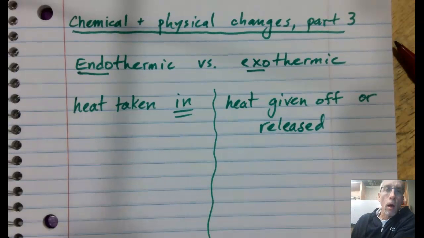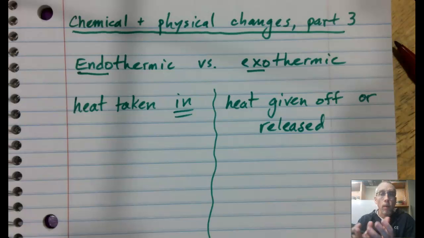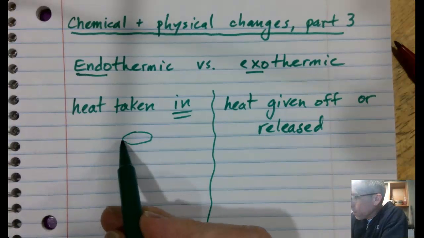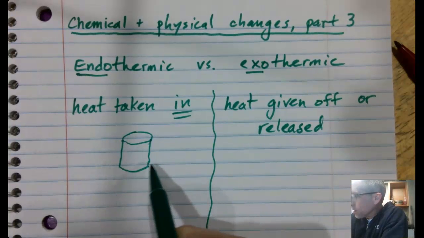So we're usually talking about, for example, a chemical reaction. Typically they're either endothermic or exothermic. So if you can imagine this chemical reaction happening in a little container, like in the science lab we would do it in a little glass beaker. So that beaker would just look like this.